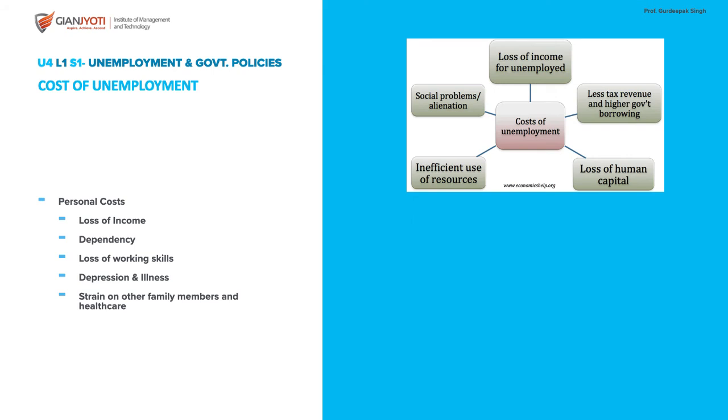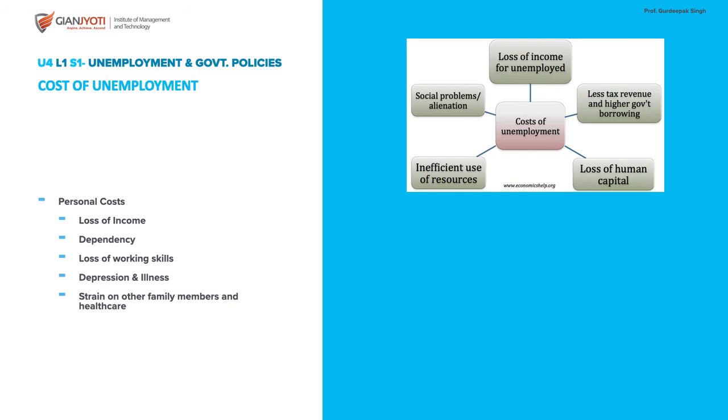If we look at the country as a whole, the economy as a whole, the cost of unemployment is loss of income, less tax revenue, higher government borrowing to support those, for giving the subsidies, incentives, and unemployment allowances, then loss of human capital, then inefficient use of resources.